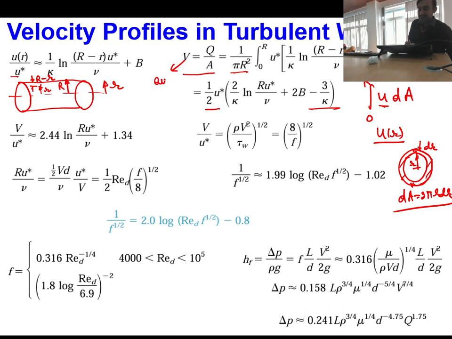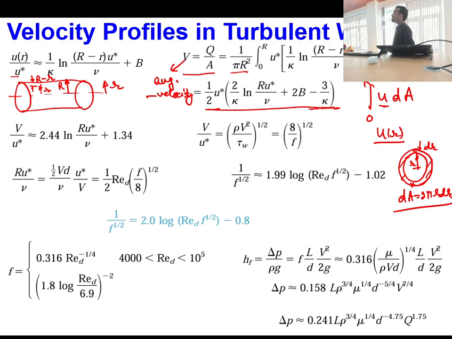V is nothing but average velocity. So average velocity, we have got this particular formulation, which was for a fully developed laminar flow. What was average velocity? It was nothing but maximum velocity by 2. Okay, so in case of turbulent flow, by considering the logarithmic velocity profile, my average velocity is coming out to be this value.